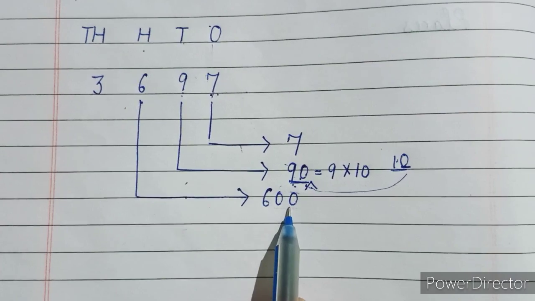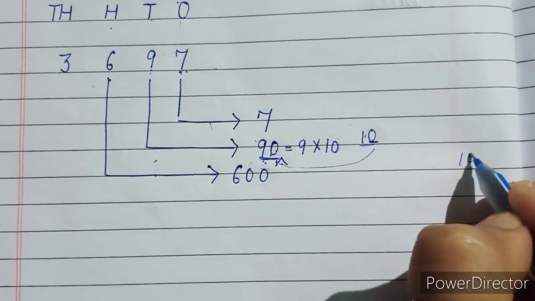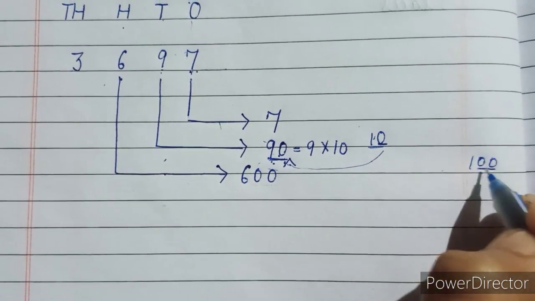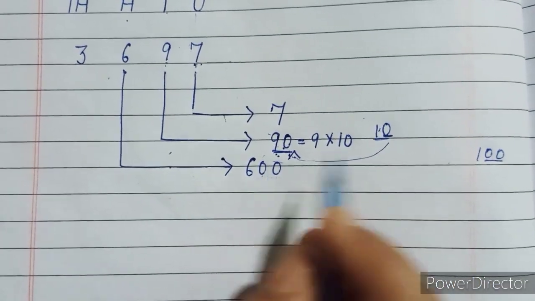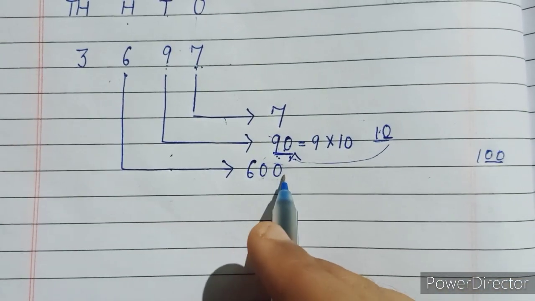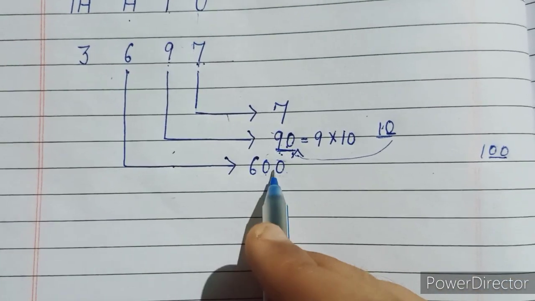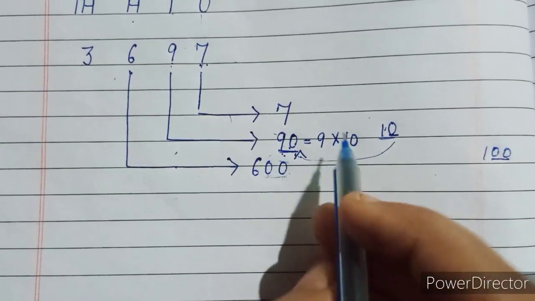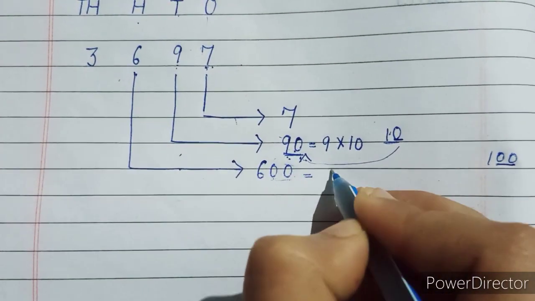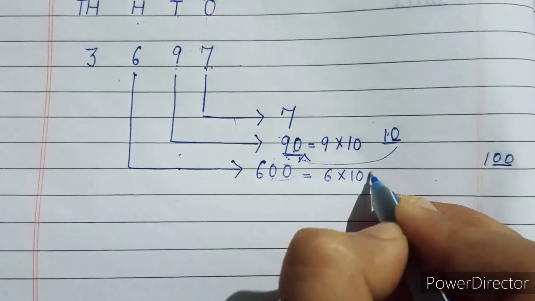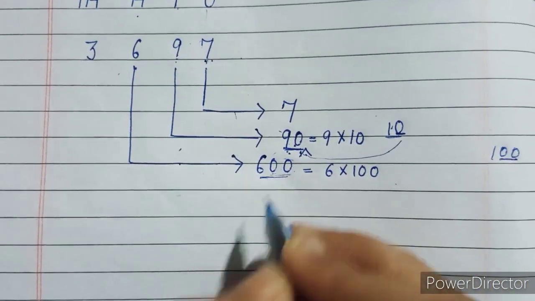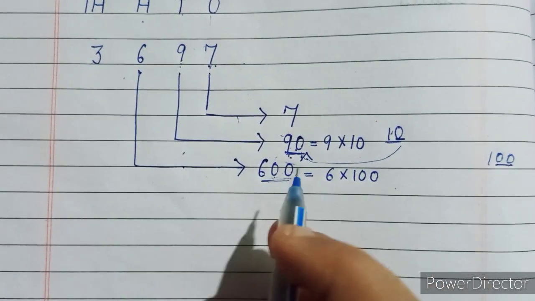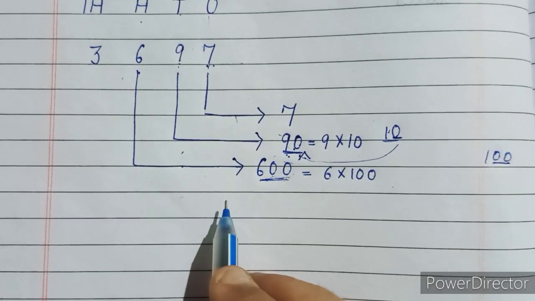Children, how many zeros are there in hundreds? 2. You can see there are 2 zeros here, because 600 is written here. 6 multiplied by 100 is equal to 600. Okay. So the place value of 6 is 600.